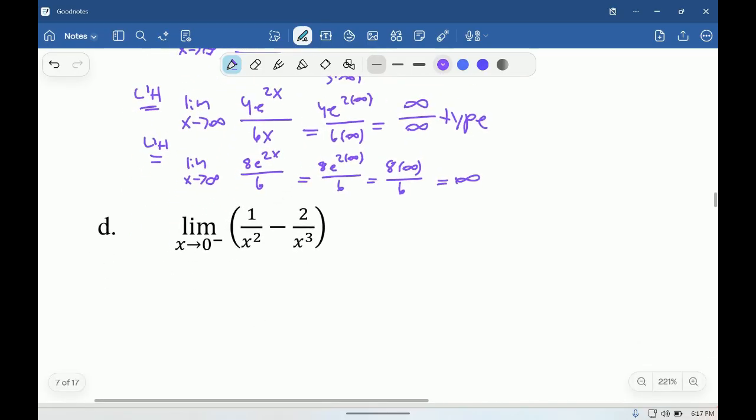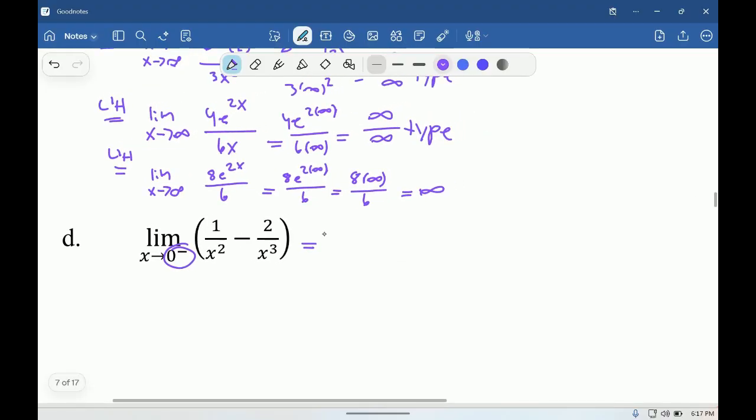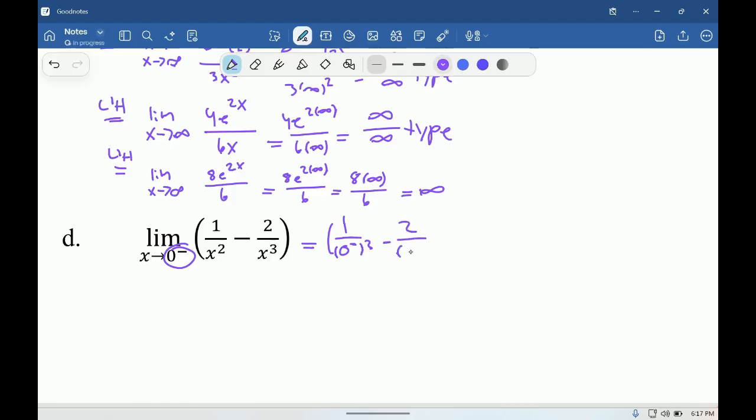And then for this one, we're going to apply our limit here. It's going to be 1 over 0 to the left, or the negative, and then 0, negative 3.